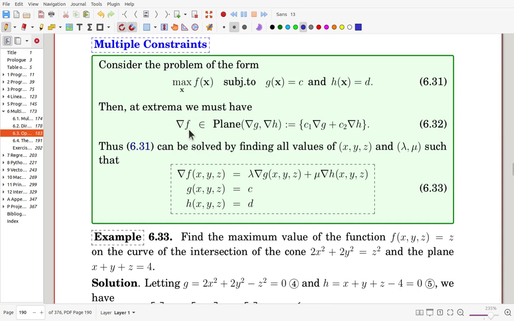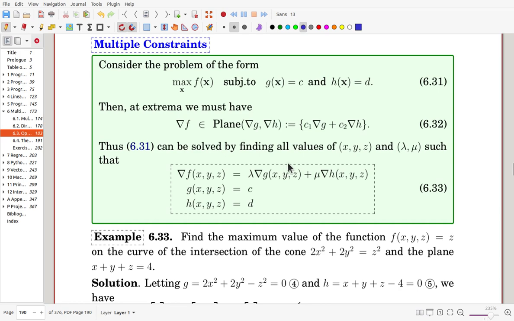Then the gradient must be in the plane of the gradient of g and the gradient of h, which means that the gradient of f must be a linear combination of the gradients of these two functions.